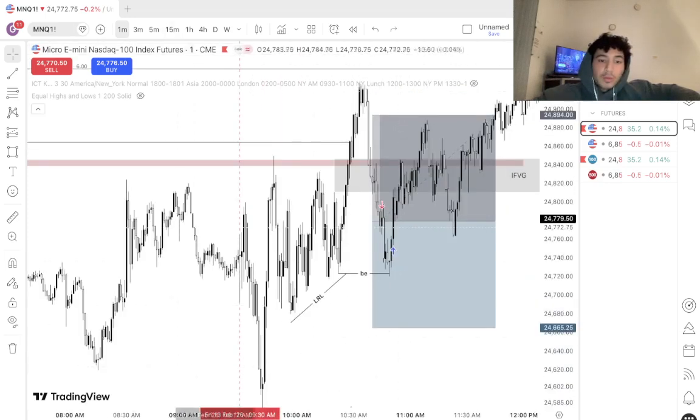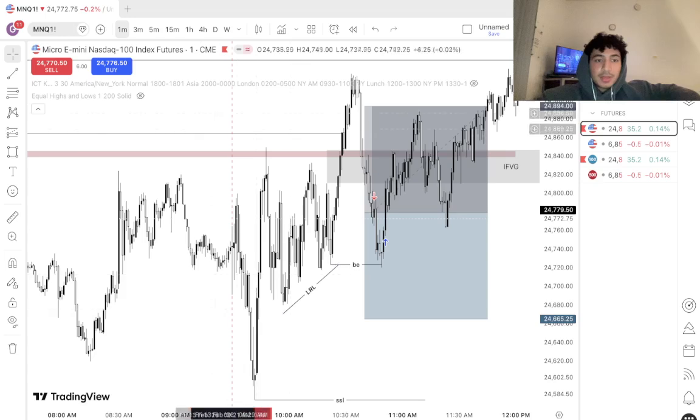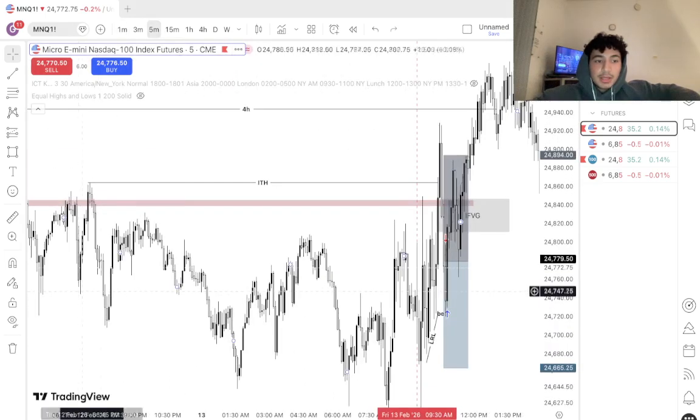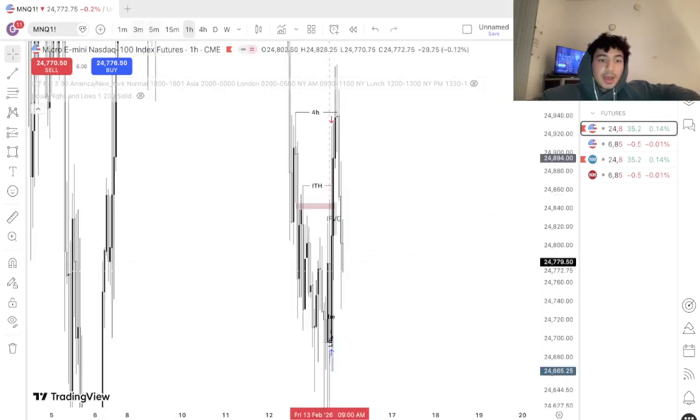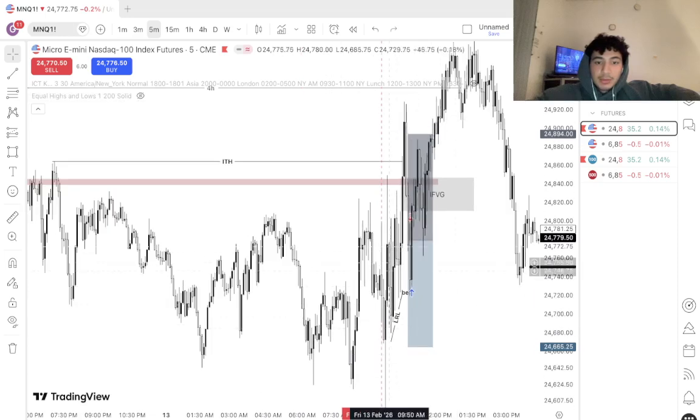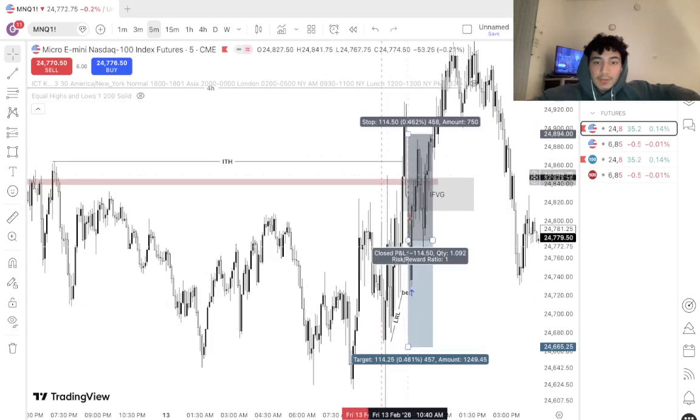Then we start accumulating, generating low resistance liquidity at the lower time frames, and we sweep this intermediate high at the 1 hour and tap into that 1 hour imbalance. We had accumulation and manipulation over here, and we have a nice IFVG.